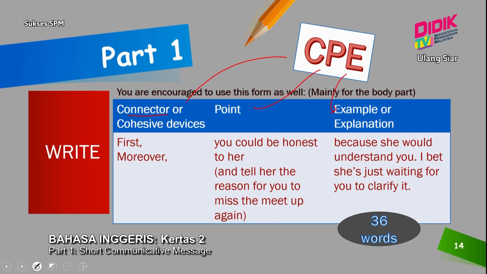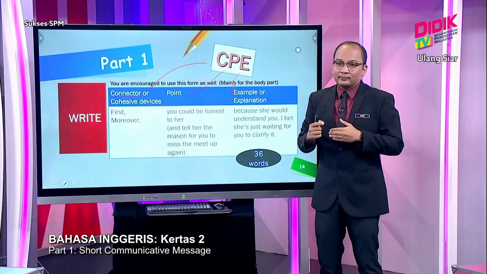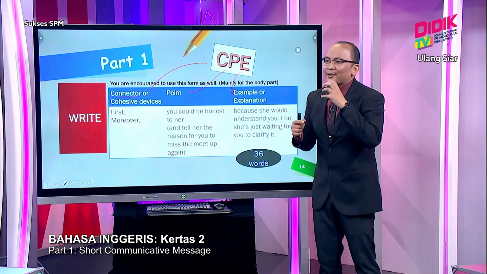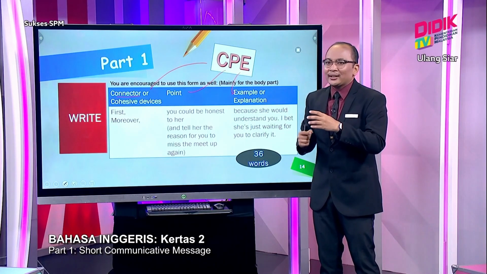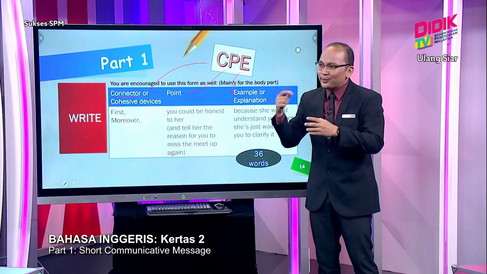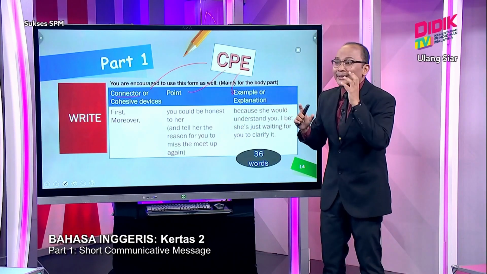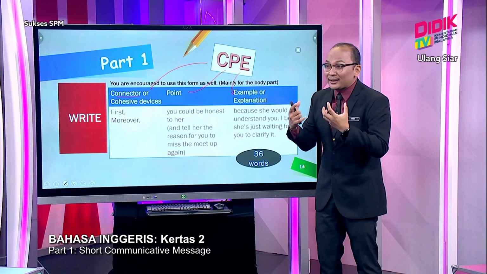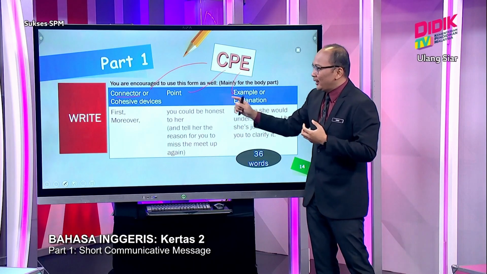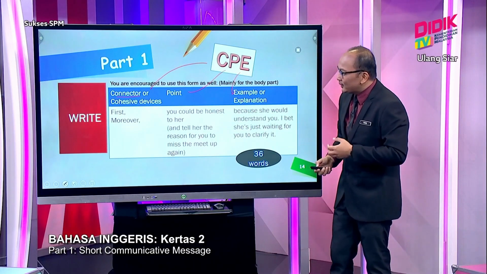Students out there, you are encouraged to use this form as well, mainly for the body part. Because I believe in content. I know some students focus more on the introduction and conclusion. I really suggest to everybody, please focus on the body, because that is where the marks come from. So these are examples that I would suggest to everybody.